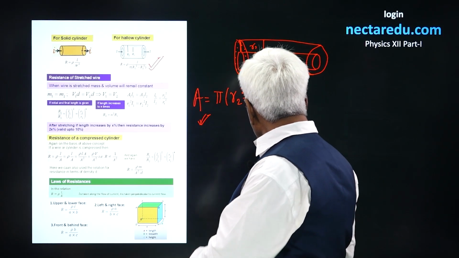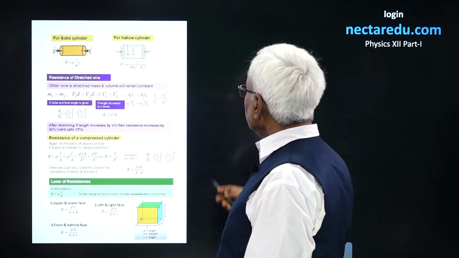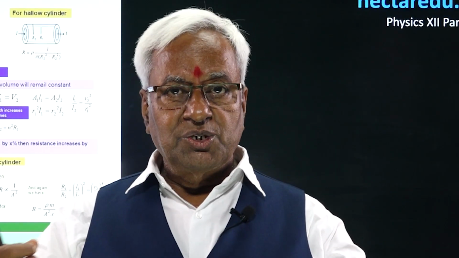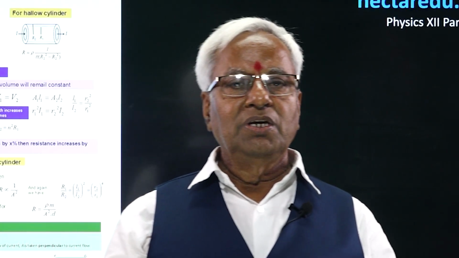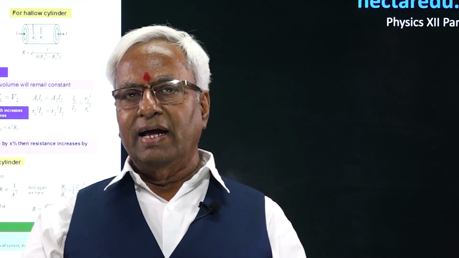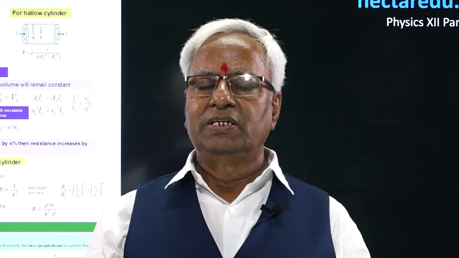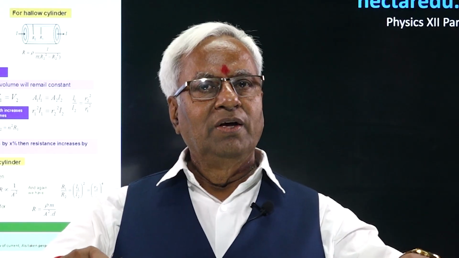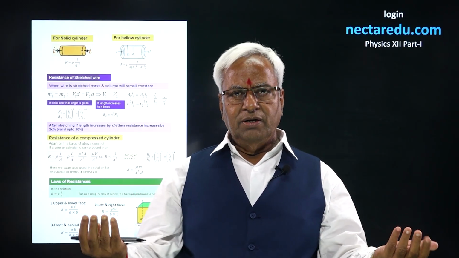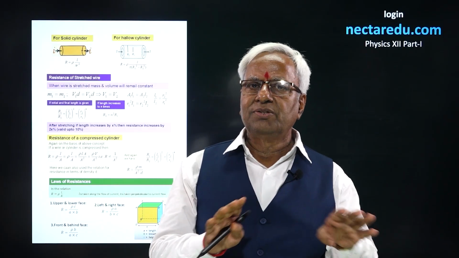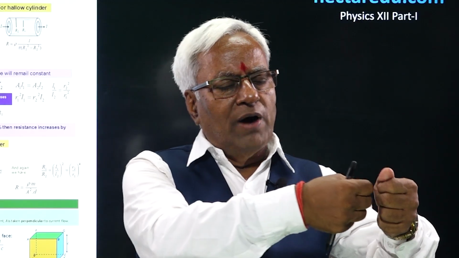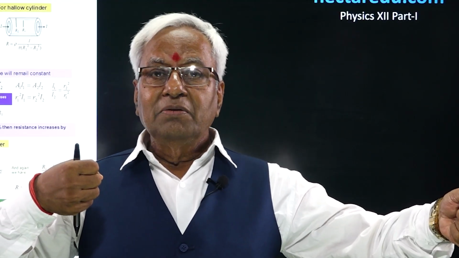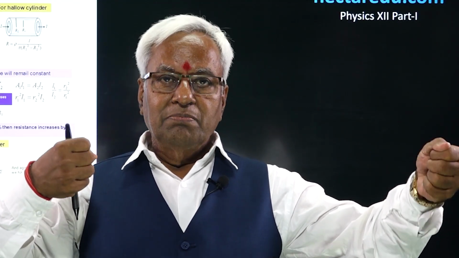Now we will consider what is the effect of stretching the wire. You see, 99.99% of the time, wire conveys the message that it has a cylindrical shape. So either you talk in terms of cylinder or wire, both carry the same meaning. If a wire is stretched like this, you are not adding material, you are not reducing material.